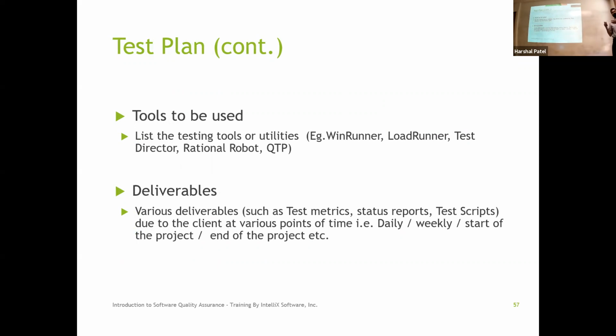Because if I'm trying to use a tool that is not available, that is extra cost that somebody has to purchase for this project. If nobody's trained in it, then I need to make sure I allocate schedule or time for somebody to learn the tool before they can start using the tool.